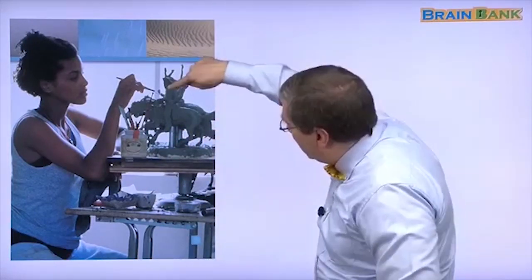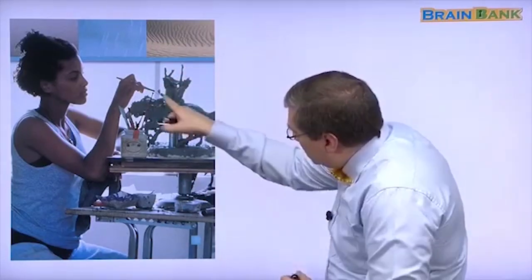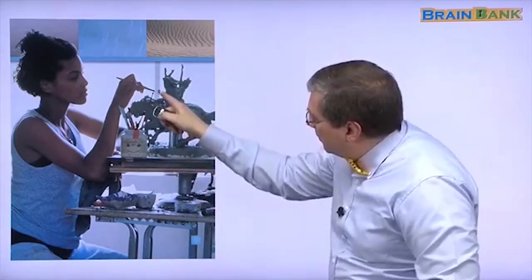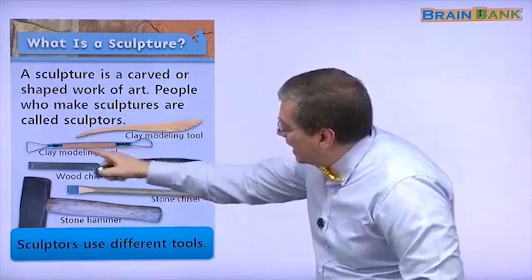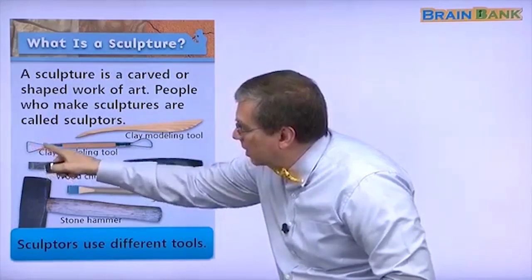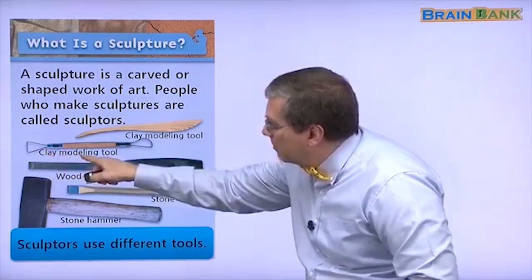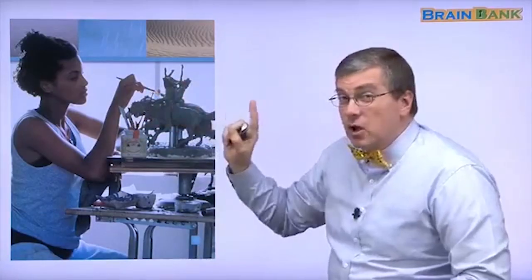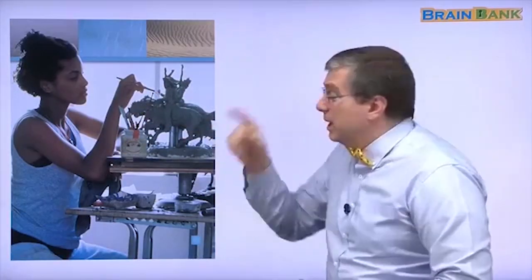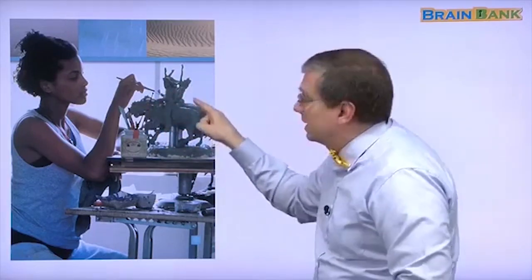Here it is. It looks like the tool we saw before. This shape on the end is the same shape as this one here. And this is a clay modeling tool. That's what she is using here.